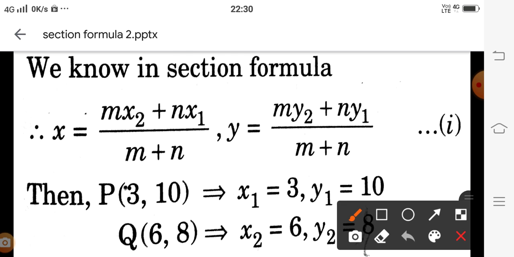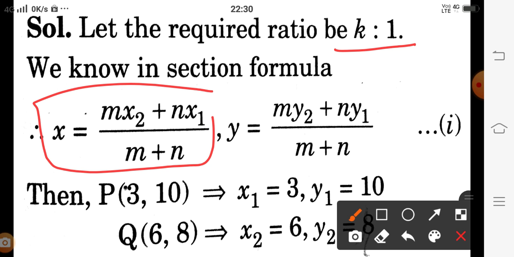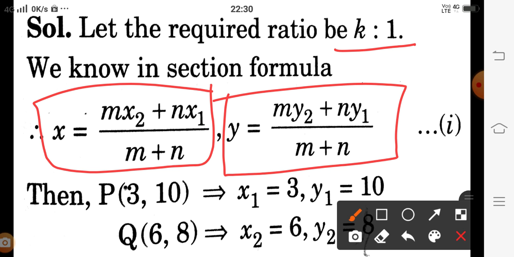If we have the ratio and the end points of the line segment, we are able to find the coordinates of the point which divides the line segment in the ratio k:1 by using the section formula. The x coordinate is mx2 plus nx1 upon m plus n, and the y coordinate is my2 plus ny1 upon m plus n.